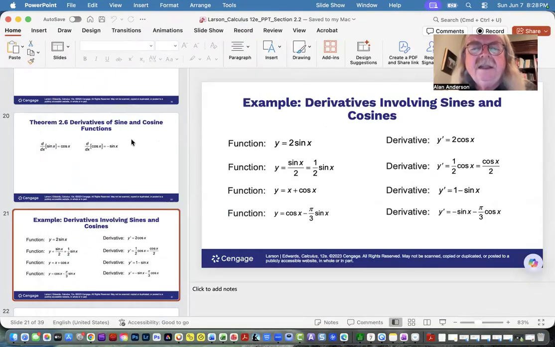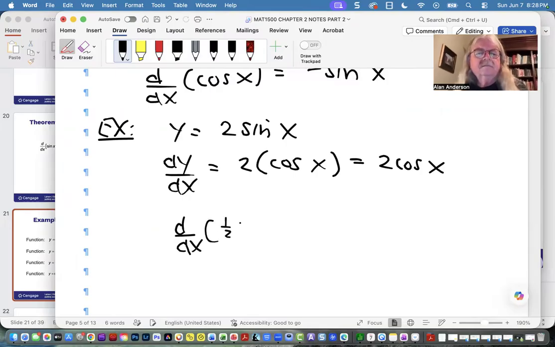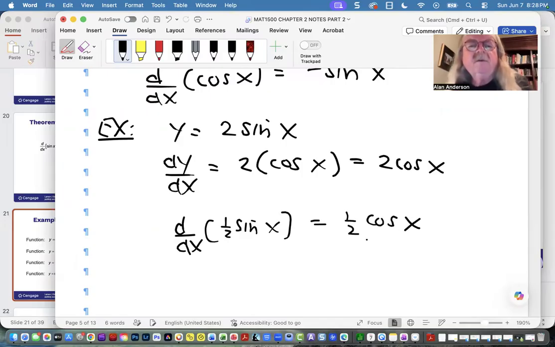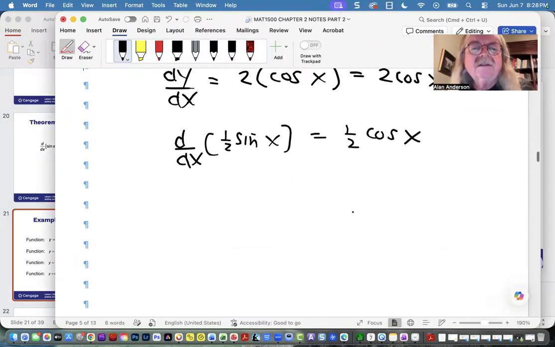And then they have 1/2 sine x. Same thing. It's just that 1/2 is just a constant. x plus cosine x.